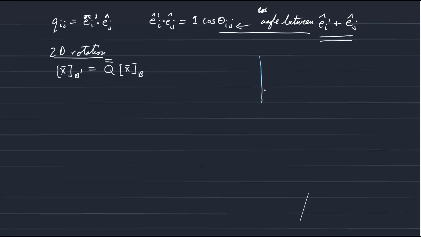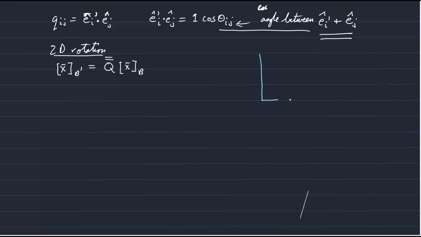So I'll sketch that again. We have e-hat-1 in the reference system and e-hat-2 in the reference system. And the rotated system is oriented at an angle theta, and this is e-hat-1 prime, and this is e-hat-2 prime. And so let's build our Q matrix.